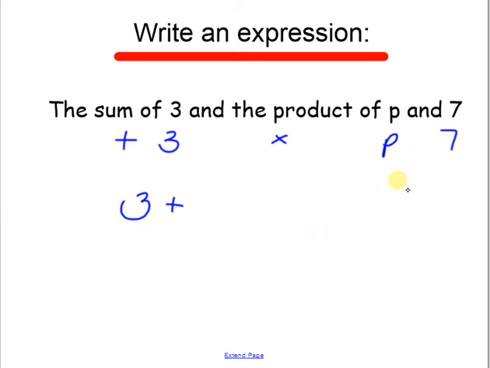Okay? So how do I do the product of p and 7? Well, remember, I can do p dot 7, or I can do 7p, because the number always goes in front of the letter. Okay? I always like this way best. So I'm going to do 3 plus 7p. And it's probably a good idea to put that in parentheses, just like that.